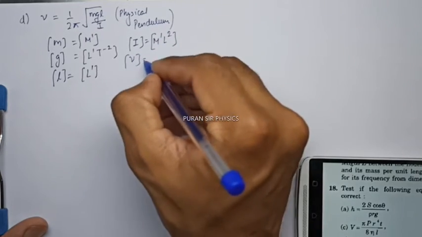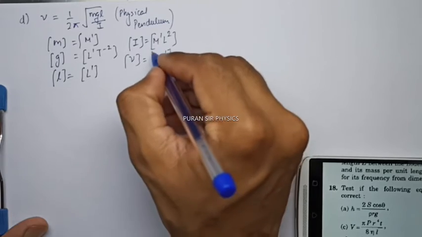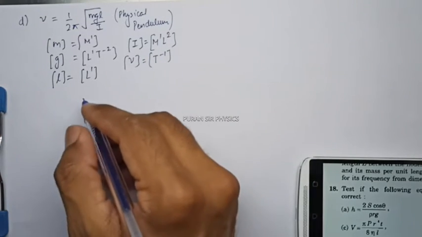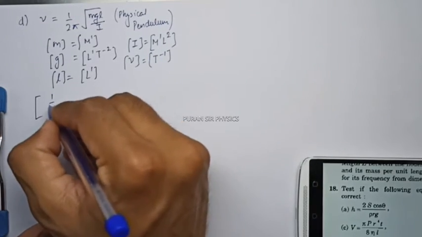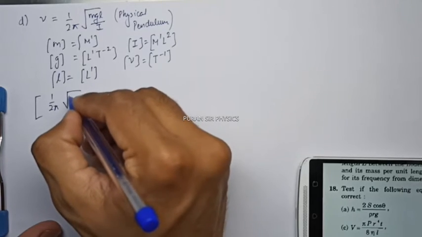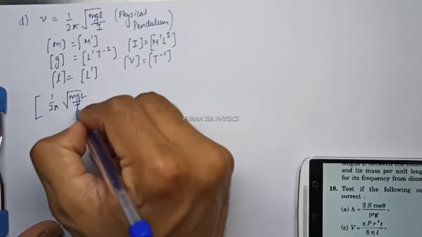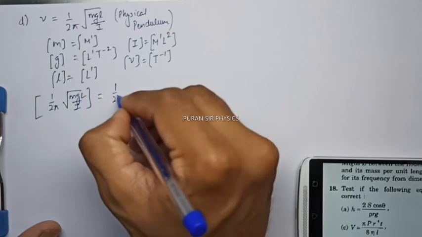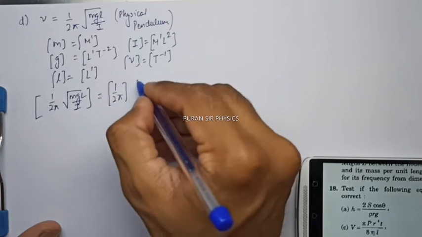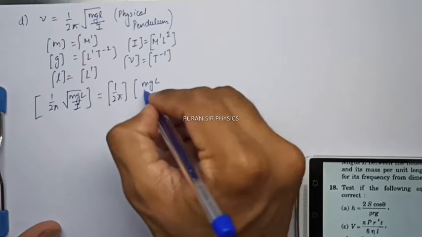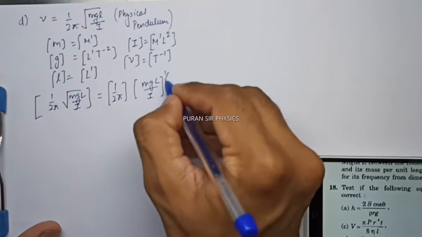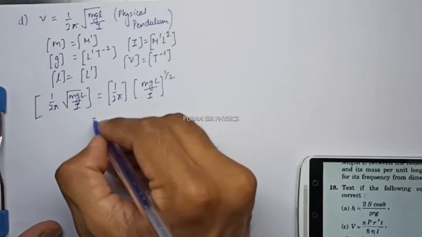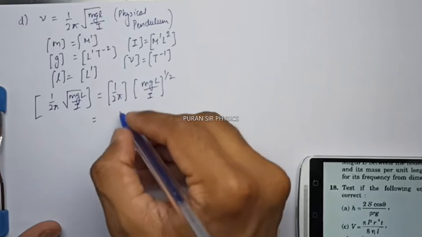And frequency has the dimension of t raised to power minus 1. So the dimension of the right hand side, 1 upon 2 pi, and dimension of mgl upon I raised to power 1 by 2. So this 1 upon 2 pi is a dimensionless constant.